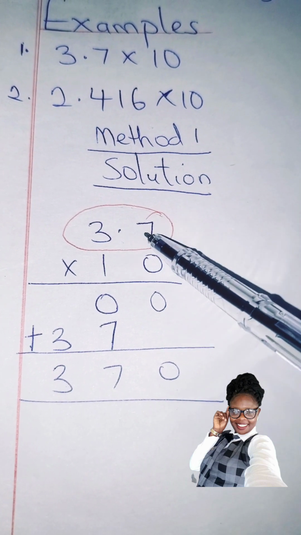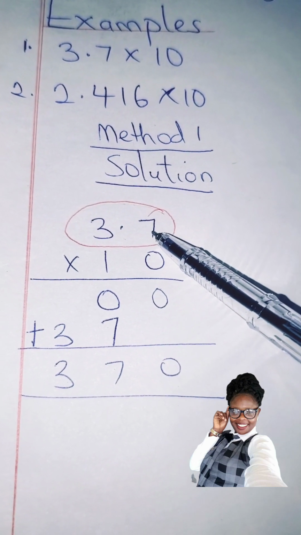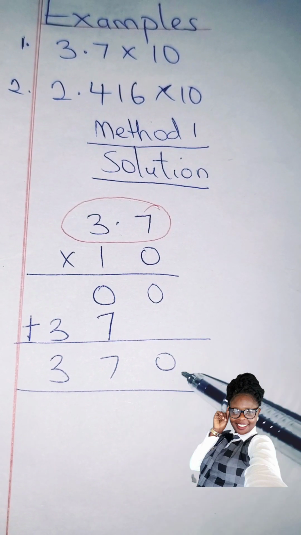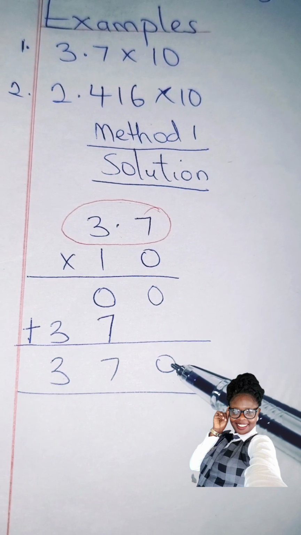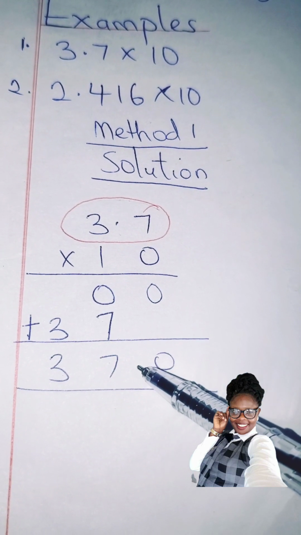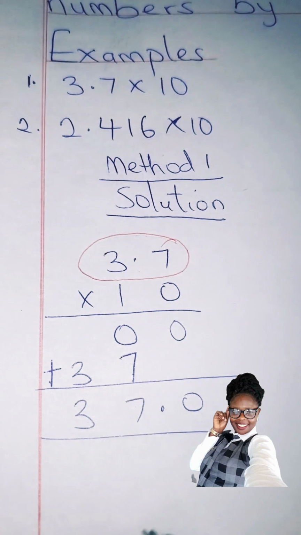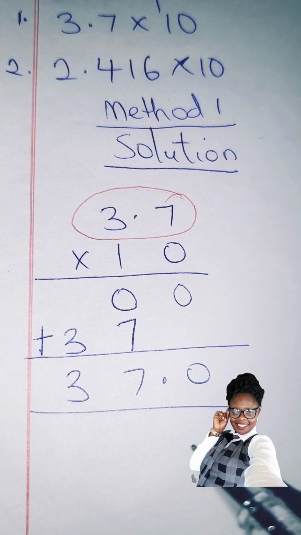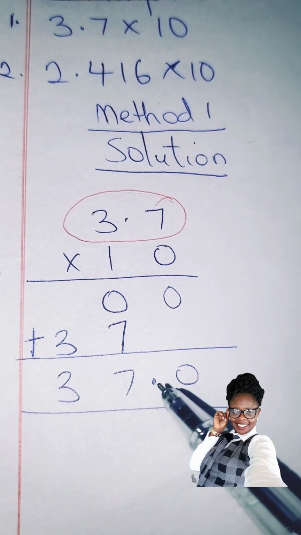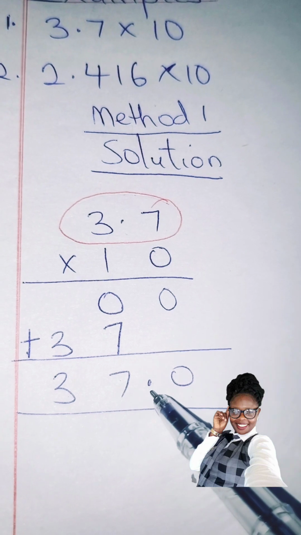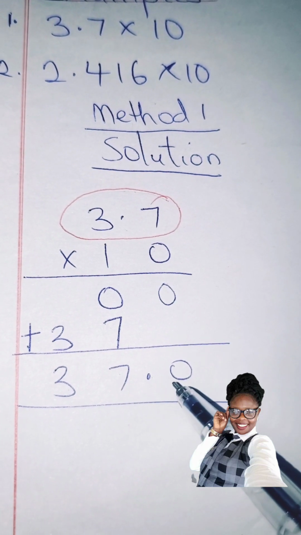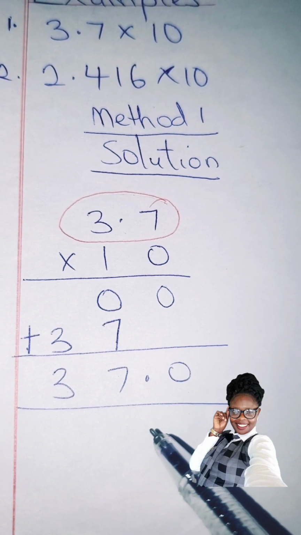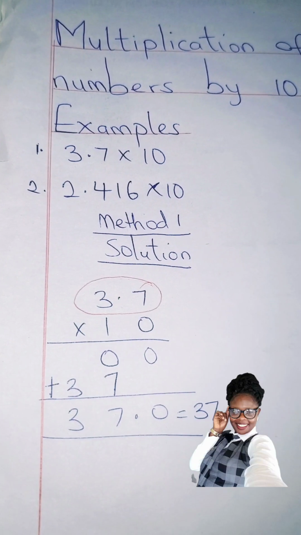This is a decimal point, you have just one digit. For that reason, you come to your answer and count one digit from the back, 1, and fix your decimal point here, just like this. And in mathematics, the rule states that once 0 is after a decimal point, the 0 means nothing. So the answer here will be 37. And that is the final answer.